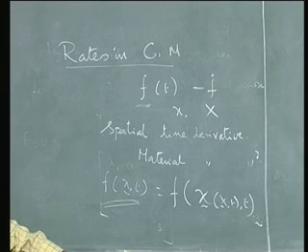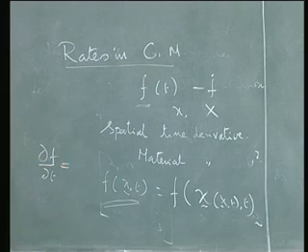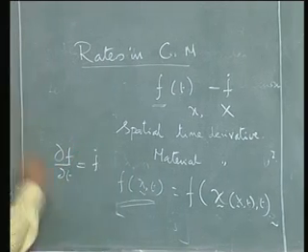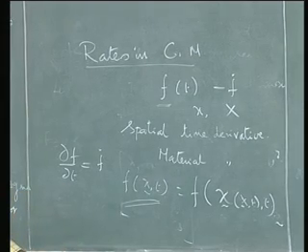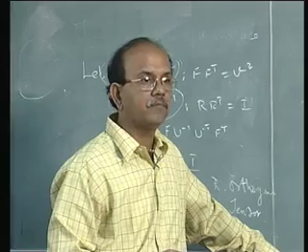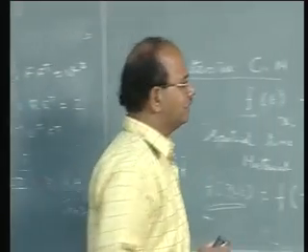So in other words, is it that dou f by dou t is equal to f dot, or is there something more to it? Very good. So that is what we are going to see.